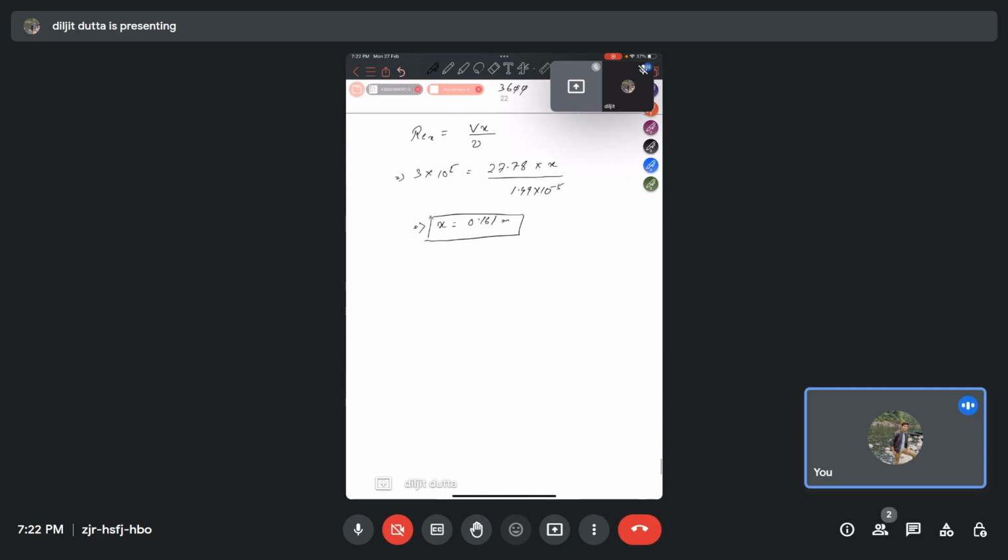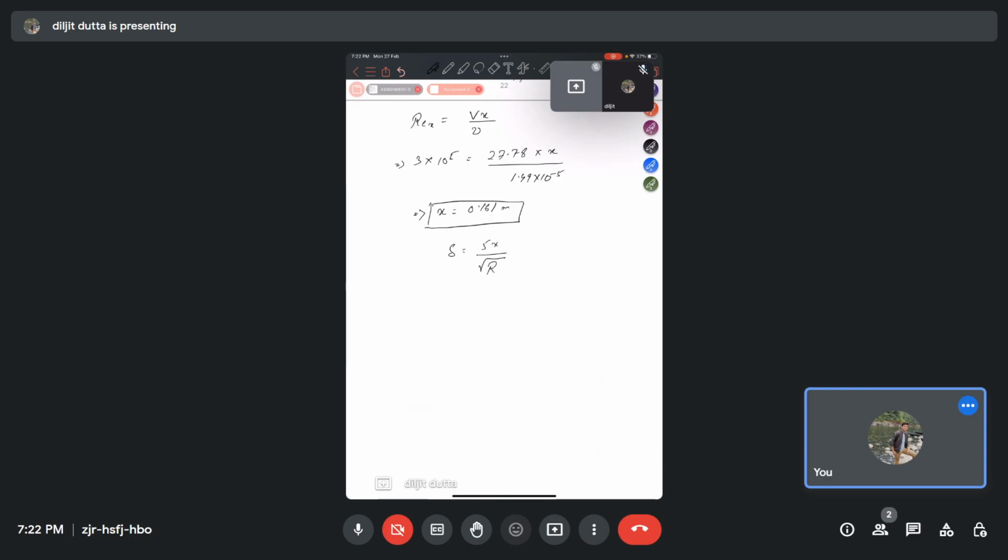Now we obtained x. If we are considering only laminar flow, then delta is given as 5x by root Re. So 5 into 0.161, from the Blasius equation, divided by root of 3 into 10 to the power 5. If we solve this, we will get 1.47 into 10 to the power -3 meter, that is 1.47 mm.